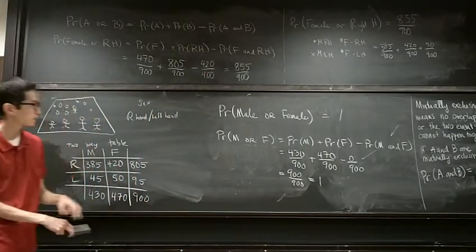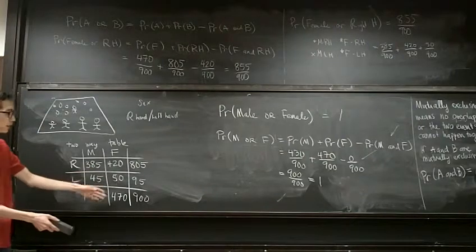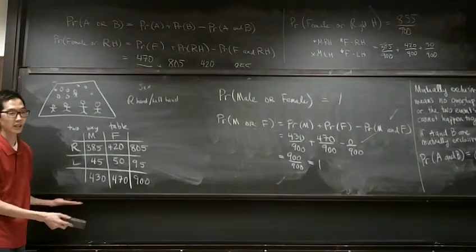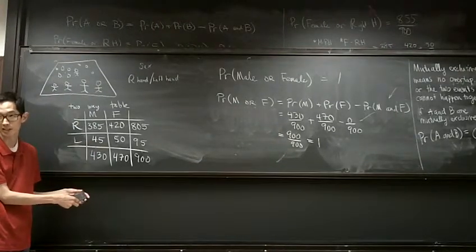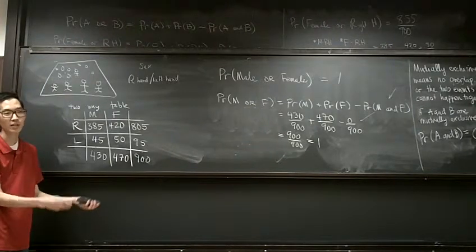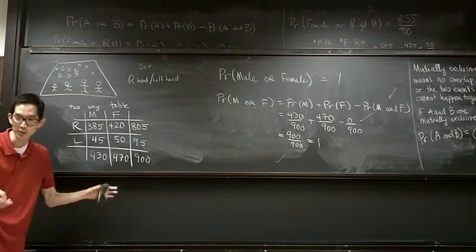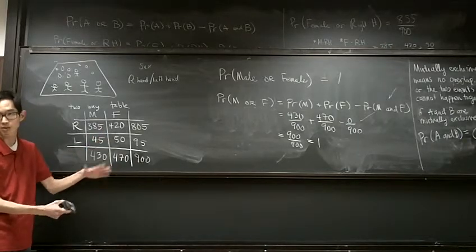What if you ask right or left-handed? Right, the way we have it set up in our example, we have no overlap between right-handed and left-handed, so they are mutually exclusive. We know in real life that's not the case. There are people who are both, so there is some overlap. Not in our example, but in real life, yes.